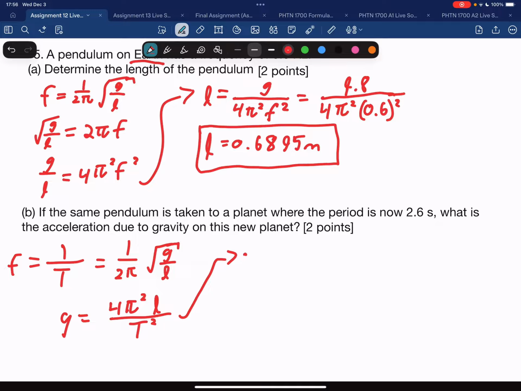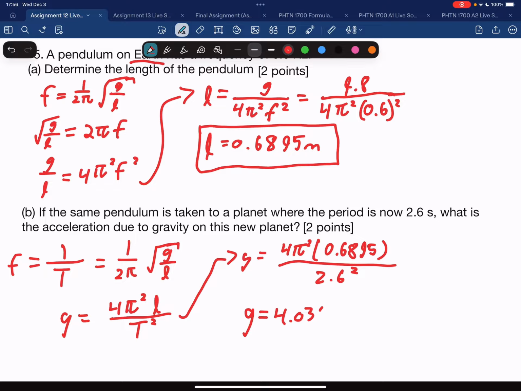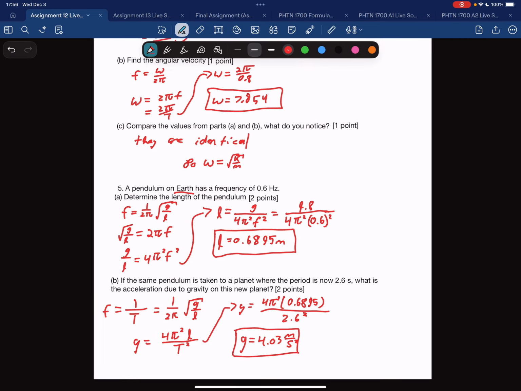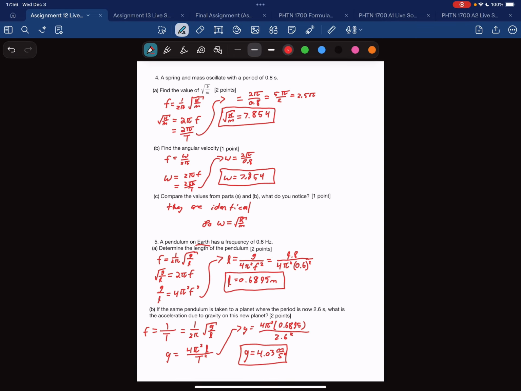Plugging in some values, g is equal to 4 pi squared times the L that we just calculated, 0.6895, all over the period squared. And this gives us a g of 4.03 meters per second squared. So that is our answer for 5 and number 4 as well.